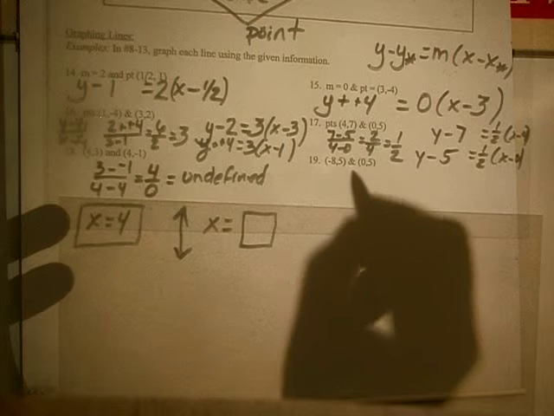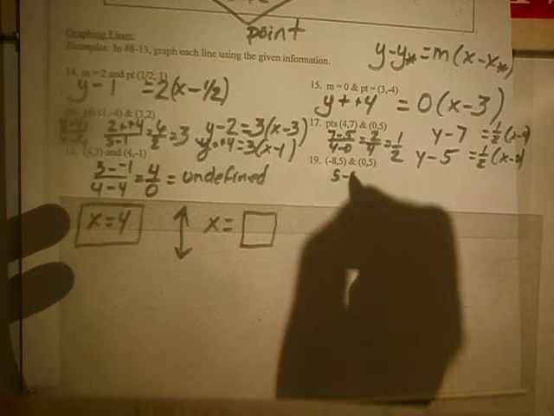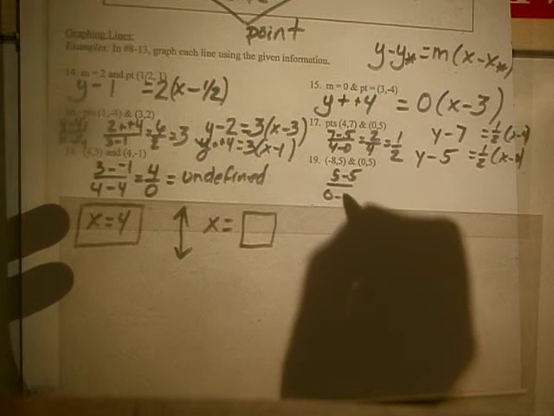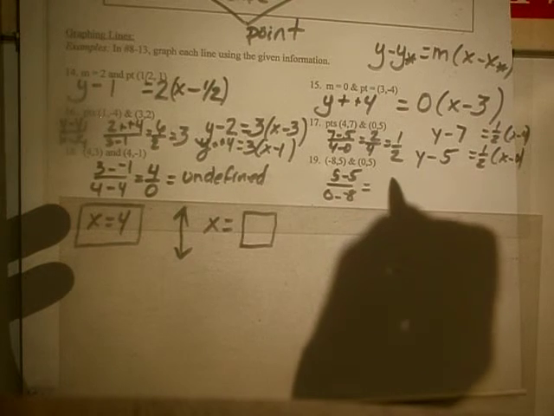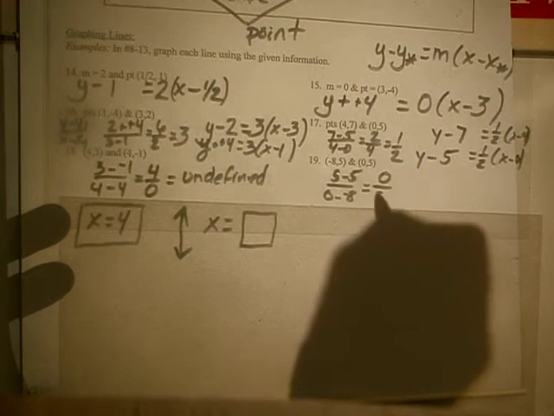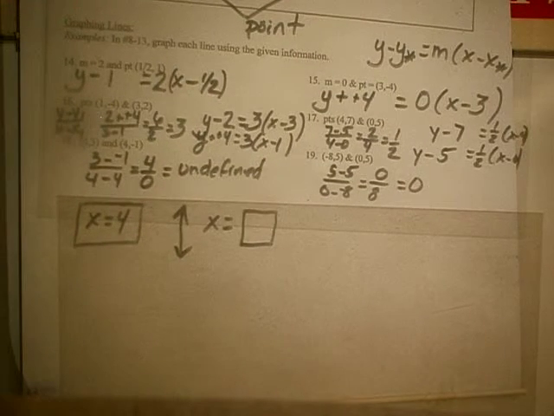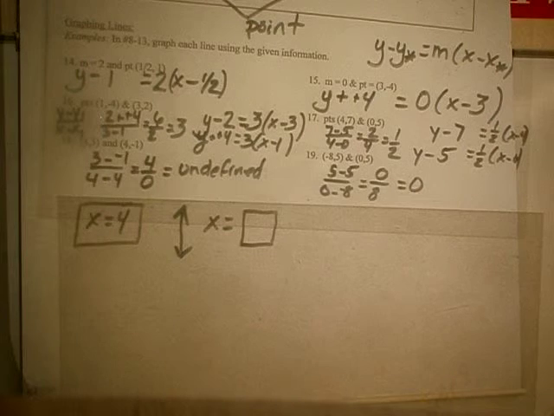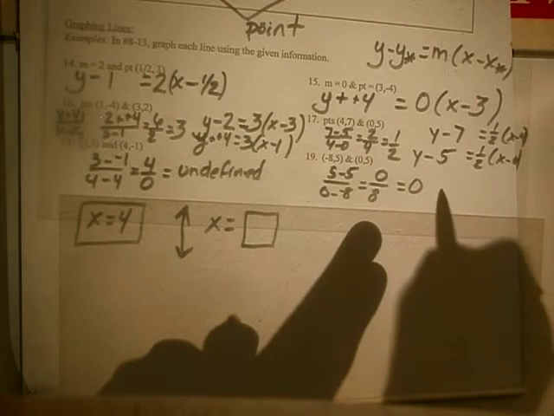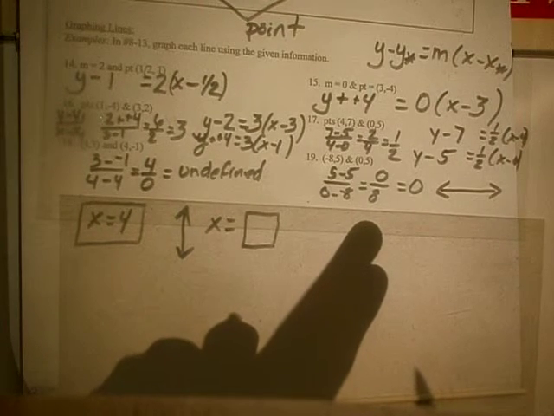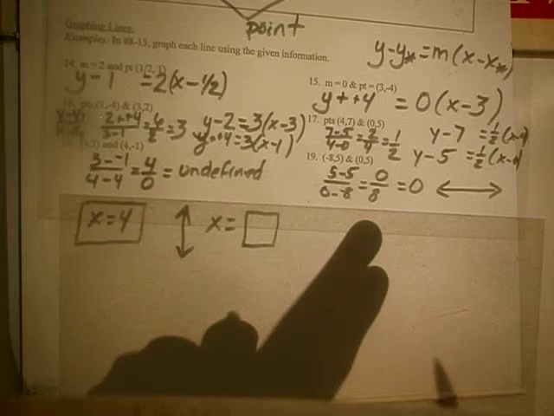Number 19, when we do our slope, 5 minus 5, 0 minus a -8. This ends up being 0 over 8, which has a slope of 0. If a line has a slope of 0, it is a horizontal line like this. Make sure you get this in your notes somewhere.